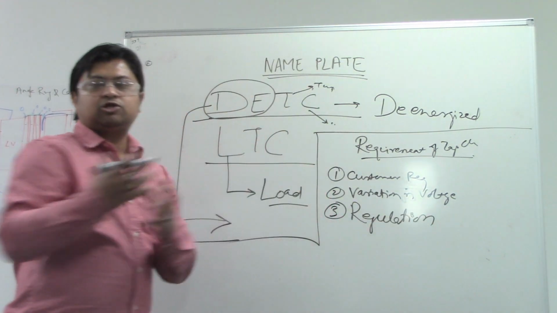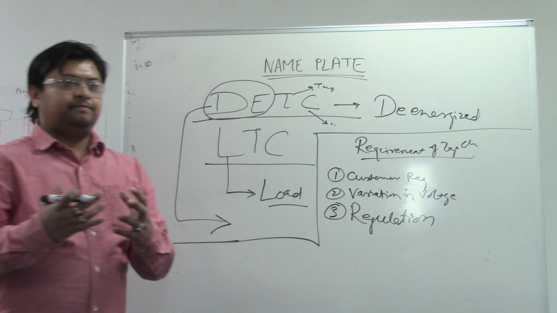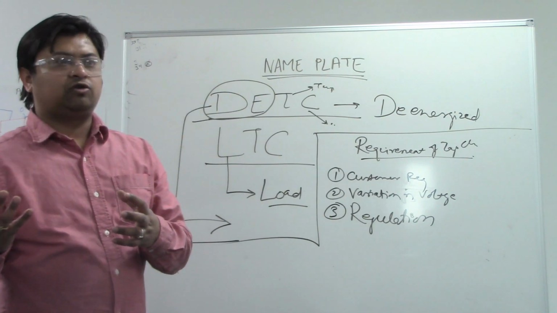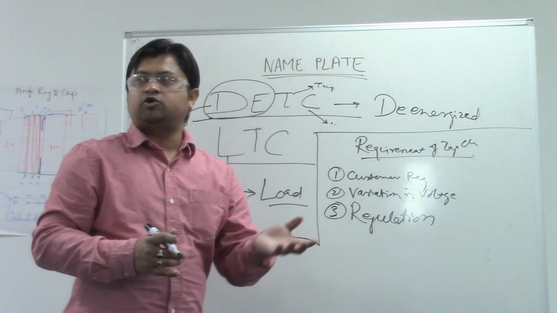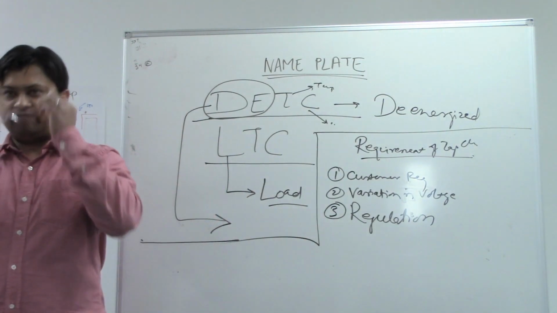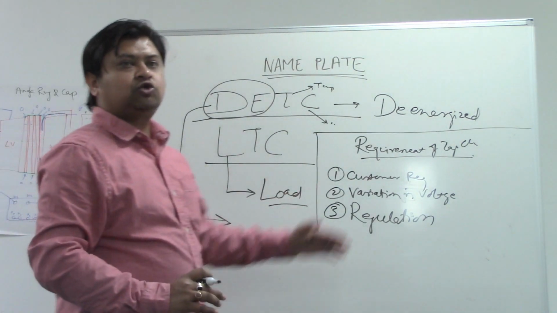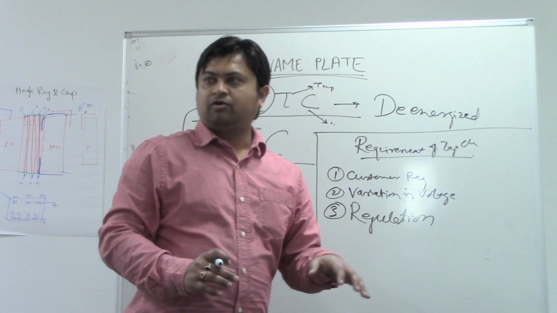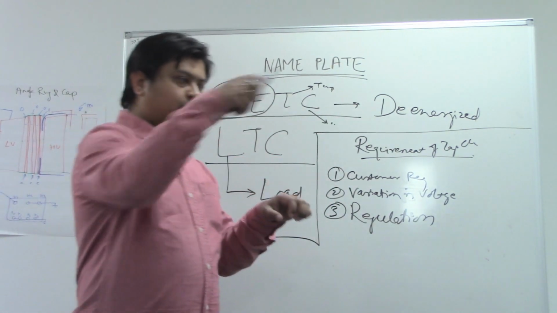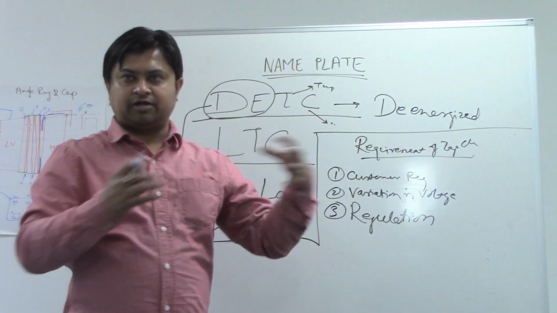On the load side, the customer wants to use equipment. He can switch on, switch off his loads at any point of time, right? So in that case, what happens? The customer wants to regulate that load. Whenever there is a load, there will be a load current flowing through the transformer.